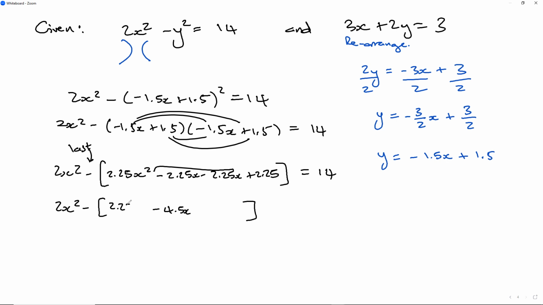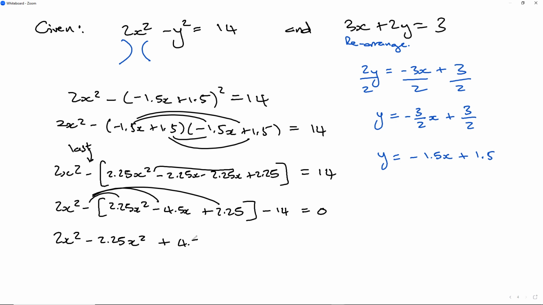And this is 2.25x squared plus 2.25 on the side. I'm going to bring the 14 to the left-hand side, make it negative 14. And now I'm going to remove this bracket by taking the negative in carefully. Getting 2x squared minus 2.25x squared plus 4.5x minus 2.25 minus 14 equals 0. That'll get me negative 0.25x squared plus 4.5x minus 16.25 equals 0.